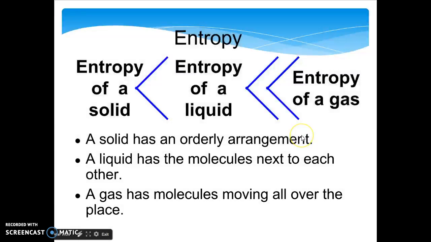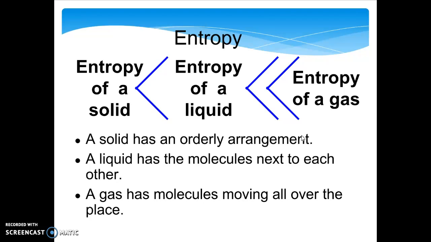So let's look at some of those. The entropy of a solid is going to be less than that of a liquid, and the entropy of a gas is going to be much, much greater than that of the liquid or the solid. A solid has a very orderly arrangement. In a liquid, the particles are next to each other, fairly ordered and close together, but a little more disorganized.